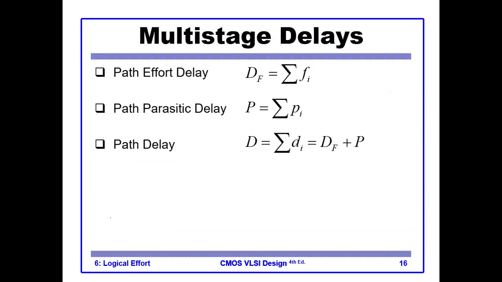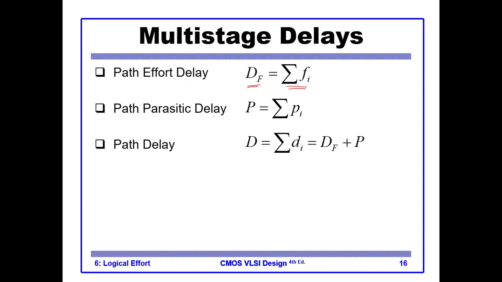Okay, so this was the branching effect. Now let's develop some other formulas that we will use. So the path delay is defined as D of F. Capital D of F is the summation of all the Fi's, which is the logical effort delay.